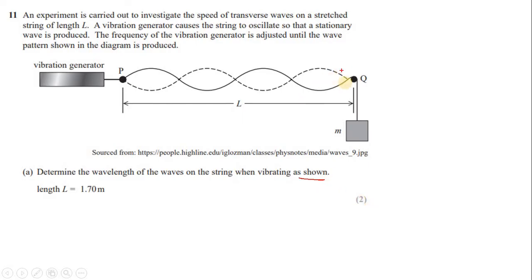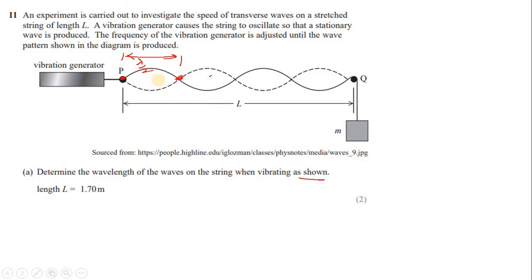From the diagram we have this number of waves and loops, so we need to find the wavelength. You need to count how many loops we have. From one node to another node, this distance is half of the wavelength, lambda by 2.